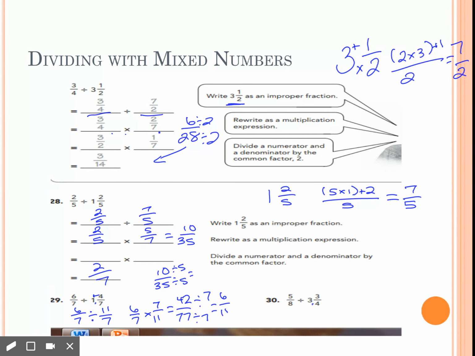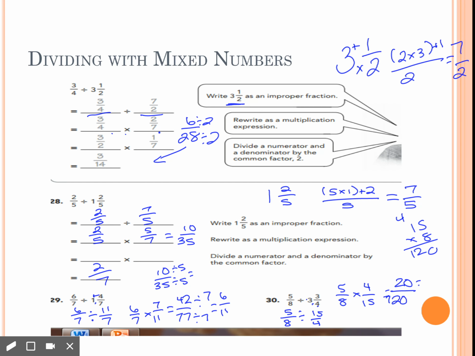Number 30, 3 3/4 becomes, so 4 times 3 is 12, plus 3 is 15. So I get 5/8 divided by 15/4, which is 5/8 times 4 over 15, which becomes 20 over 15 times 8 is 120.